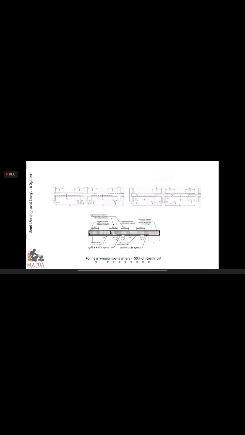And for this interior support, you have L/3 plus the dimension of the column and another L/3, and so on. If you are dealing with an overhanging beam here, that's a free end, so it must be bent here, and then you add the entire length from this free end to this one, the dimension of the column, and then L/3.